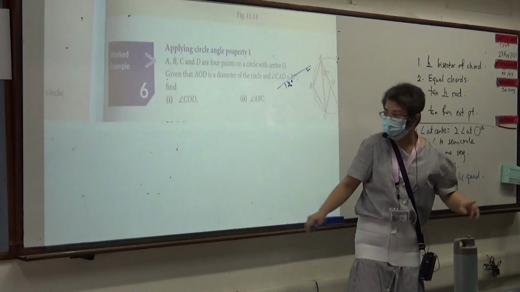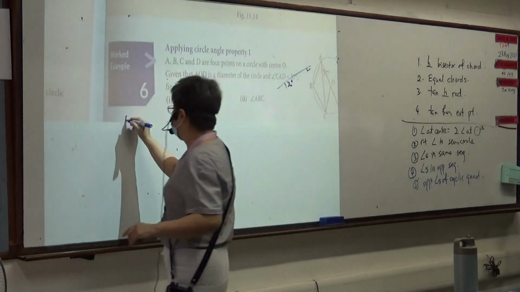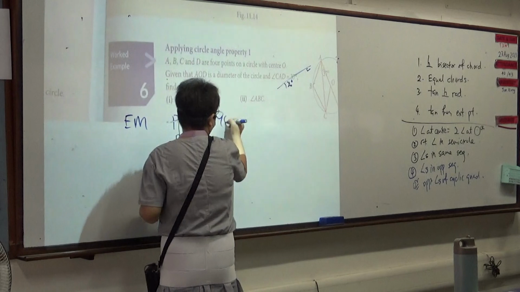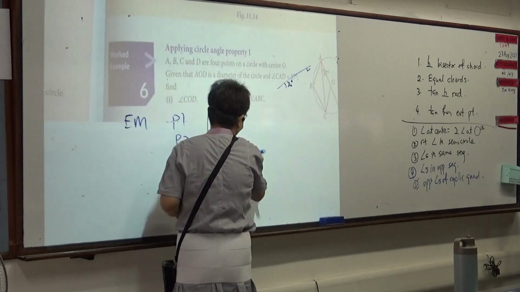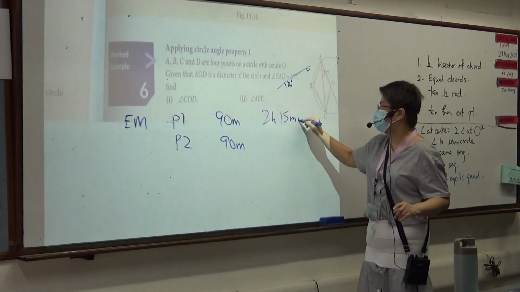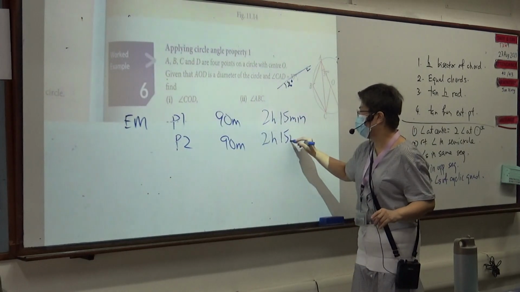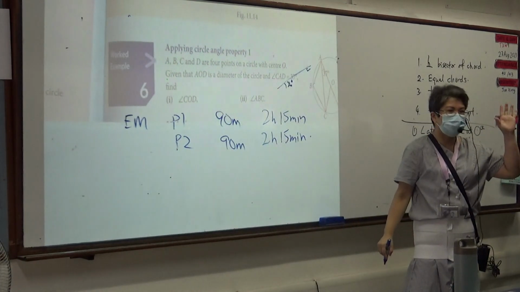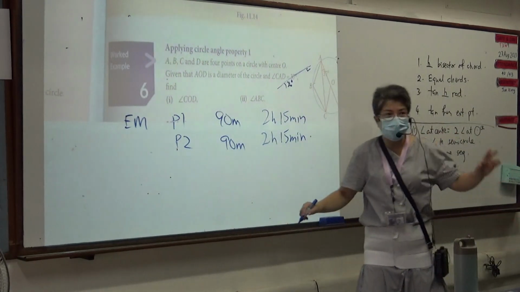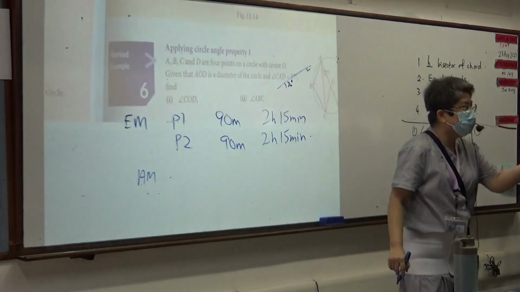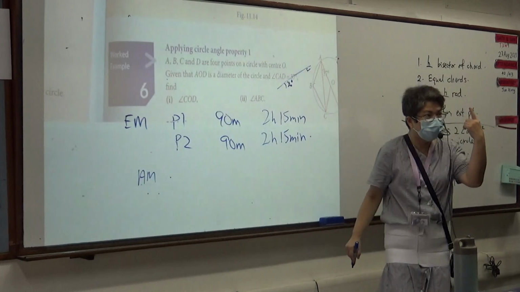Now, I want to say this: for E-Maths, you have 2 papers. All 90 marks. This is Cambridge standard. 2 hours 15 minutes each. So it's equal weightage already, because since last year they changed the syllabus. For A-Maths this year, we cannot have 2 papers because the topics are too limited. So we only have 1 paper.